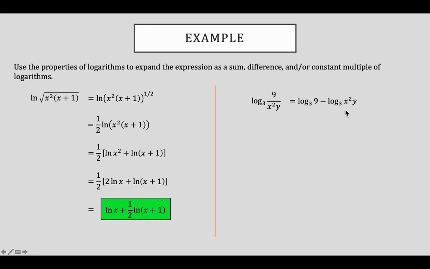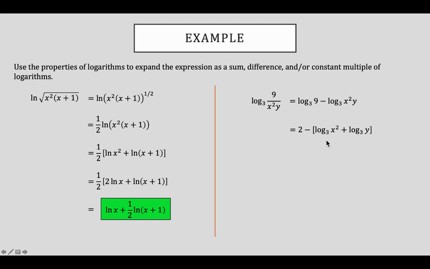Minus, and notice here, I have two values inside of my log connected by multiplication, x squared times y. So I can rewrite this log as the sum of two separate logs. This becomes 2 minus, and notice you have to put brackets around it because this is the entire quantity of log base 3 of x squared y. I'm subtracting that entire value.